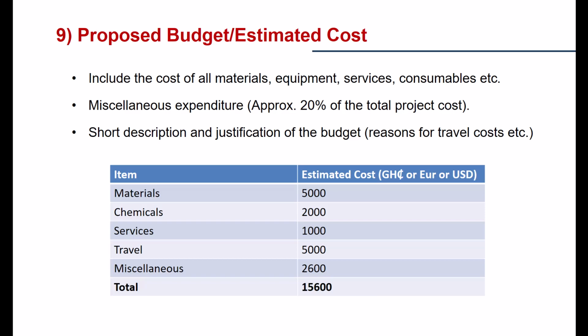So if you indicate, for example, cost for travel, you want to explain why you need this money. Maybe you need to go to another lab for some analysis, or you are going for a conference to disseminate your results. You just include a short description of what the budget is about.